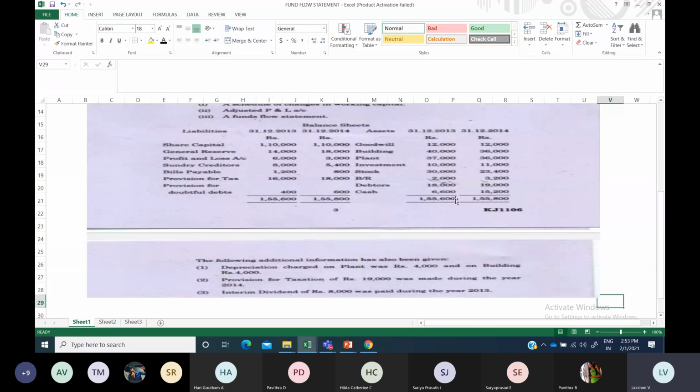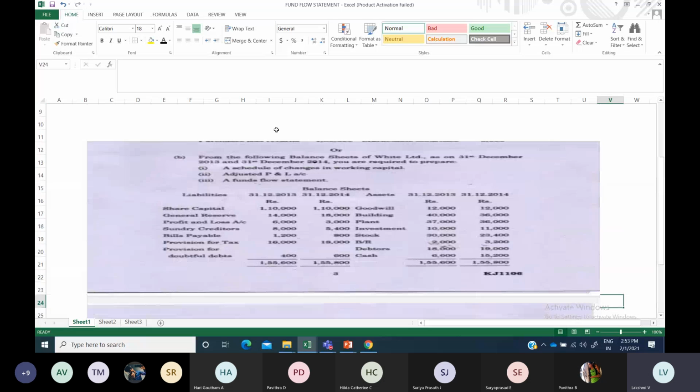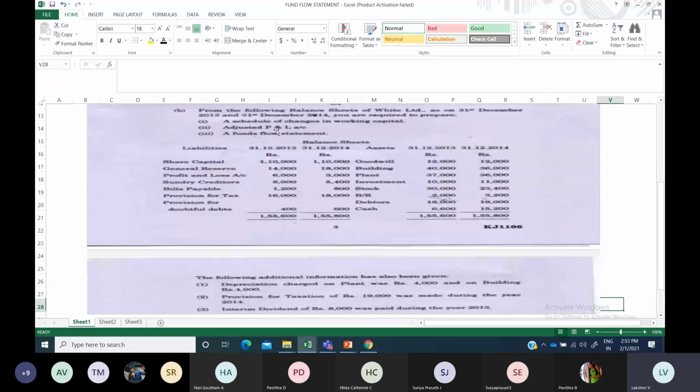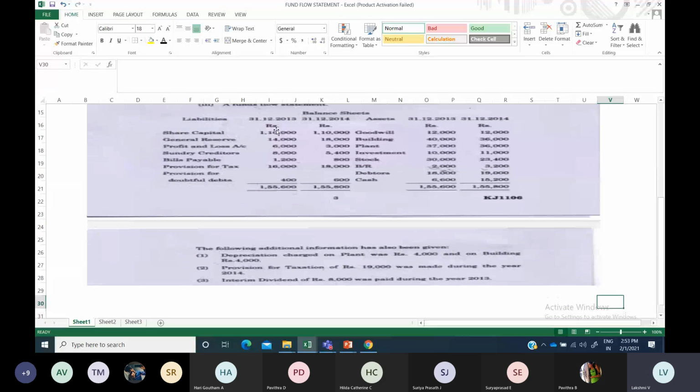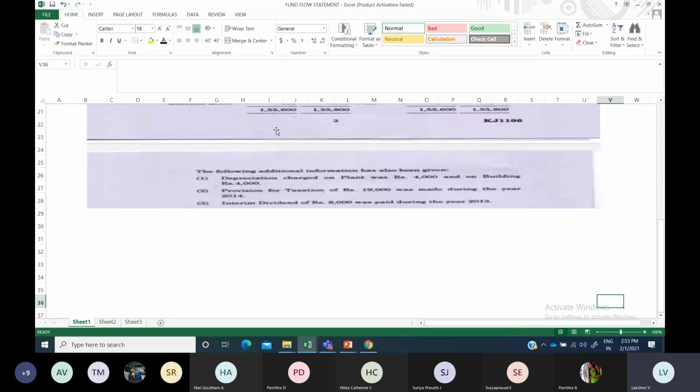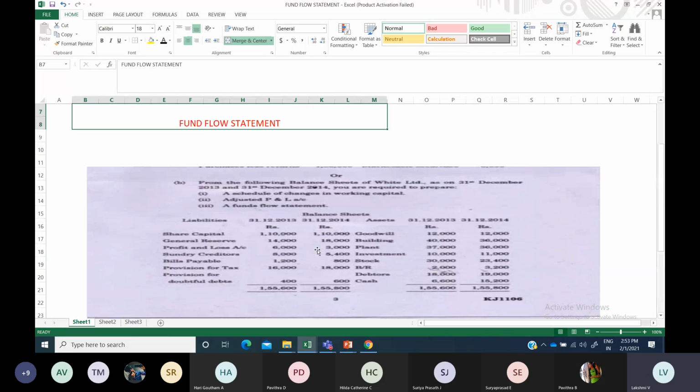Sometimes they might mention the heading, so it will be very easy to take it out and put it under the schedule of changes in working capital. If they are not giving it, you can identify when you know the current assets and current liabilities. They will be giving you additional information, for which you have to make certain adjustments and accounting treatment, and then only you can proceed.